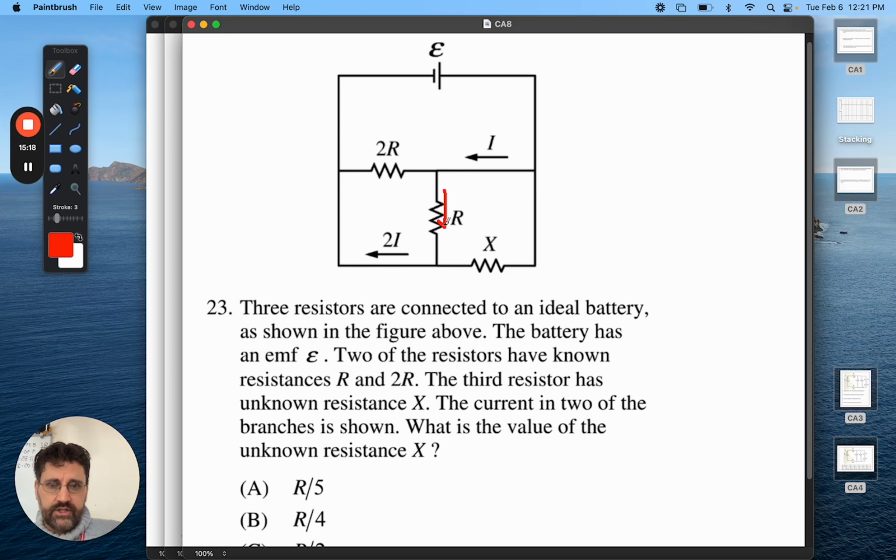So that means this branch is going to have basically 2/3 I, and this one is going to have 1/3 I. All right. Now, coming into this node, remember, all the currents in and out of a junction always have to be the same. Now, coming into this node, we have 2/3 I from here, and going out, we have 2I. So this must be 1 1/3 I.